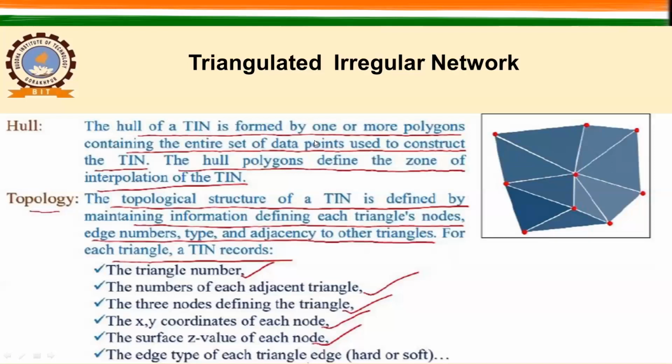So the next point is topology. The topological structure of a TIN is defined by maintaining the information defining each triangle, node, edge number, type, and adjacency to the other triangles.